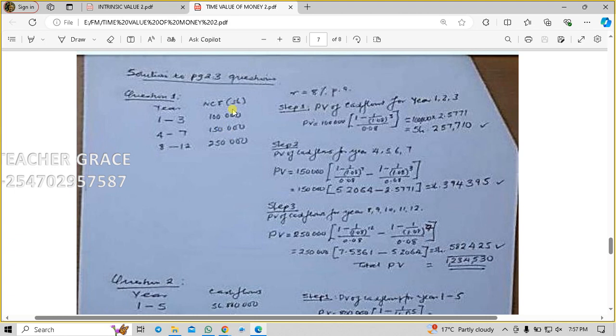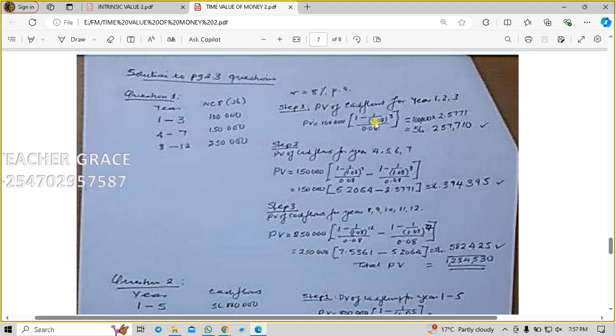So you have not been given the initial capital, so we are calculating the total present value. So what you basically do, we start with year 1 to year 3. So for year 1 to year 3, we are going to say 100,000 into bracket 1 minus 1 over, so here the discount rate is 8% per annum.